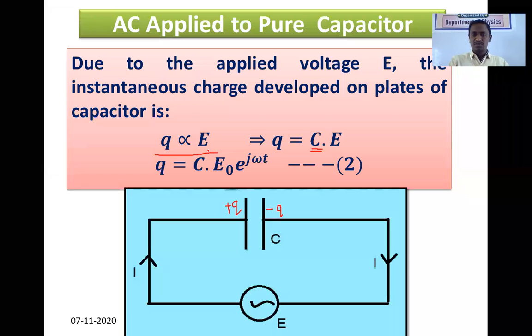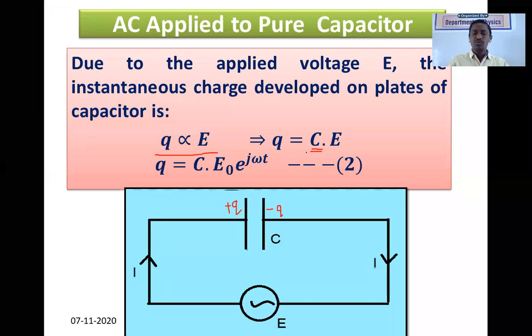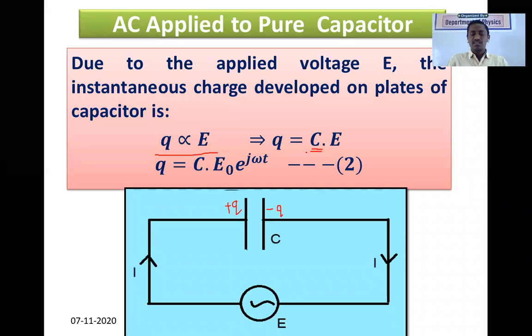From this equation we can define the capacity. Capacity can be written as C equals Q upon E, meaning the instantaneous charge developed on the plates of the capacitor per unit potential difference is called the capacity of the capacitor.